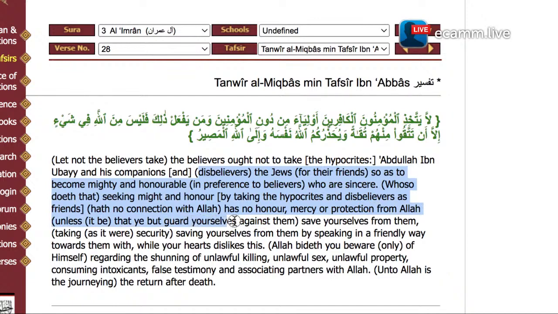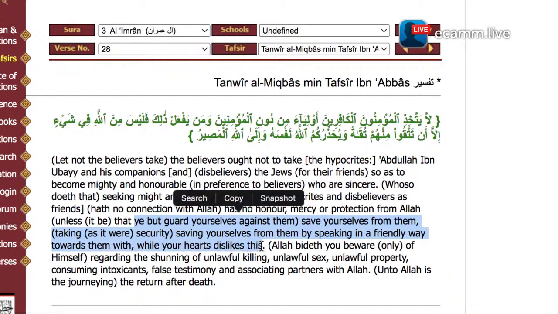Yet, but guard yourself against them. So here now we have an exception. If you are saying it to guard yourself from them, to save yourself from them, take it as security, saving yourself by speaking in a friendly way toward them while your heart is like this. Do you see it? So a Muslim can speak to you in a friendly way, but in his heart he hates you to death. This is the only time he's allowed to call you a friend, if he doesn't mean it.